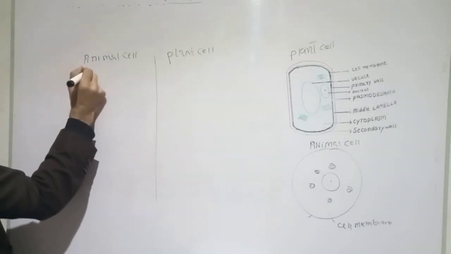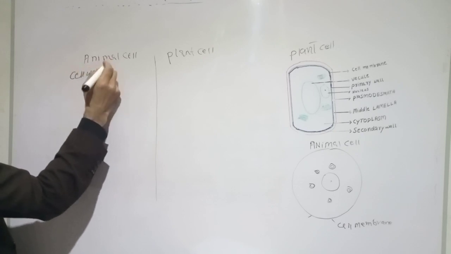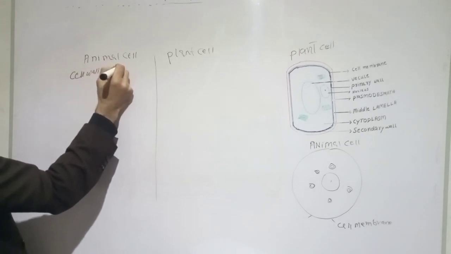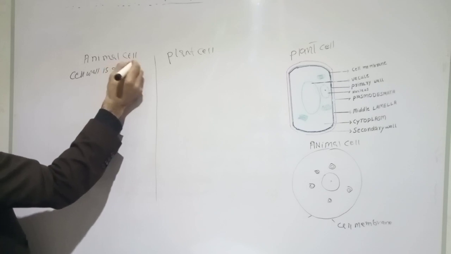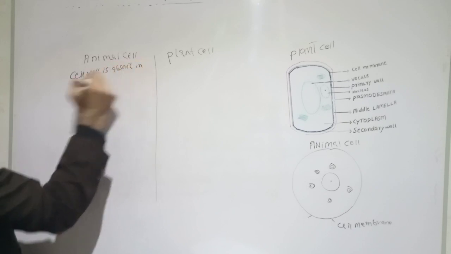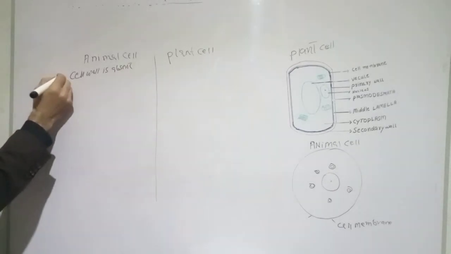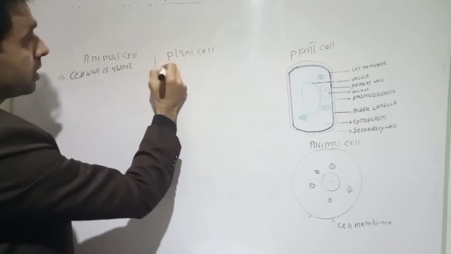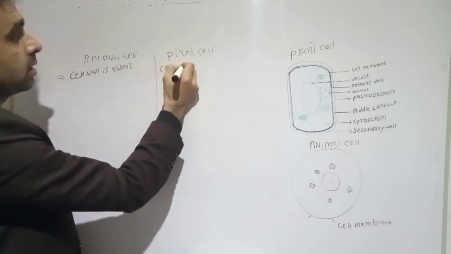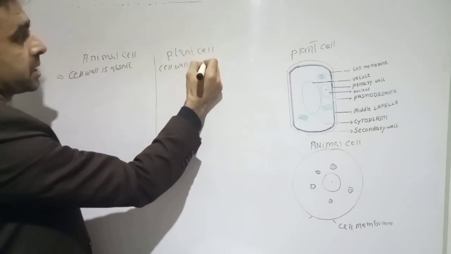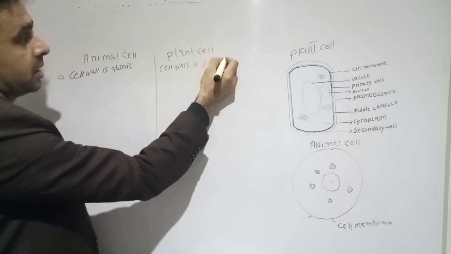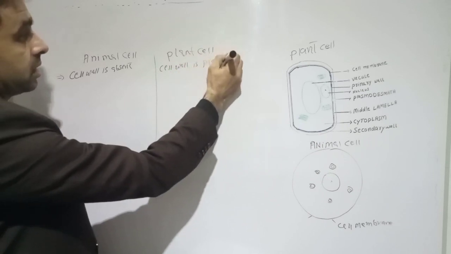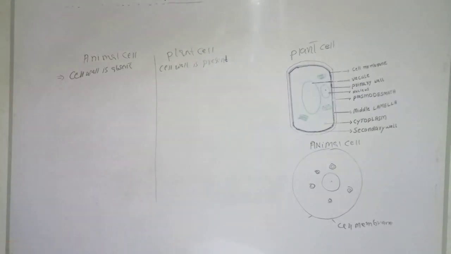Cell wall is absent in animal cell. In animal cell, there is no cell wall. In case of plant cell, cell wall is present.